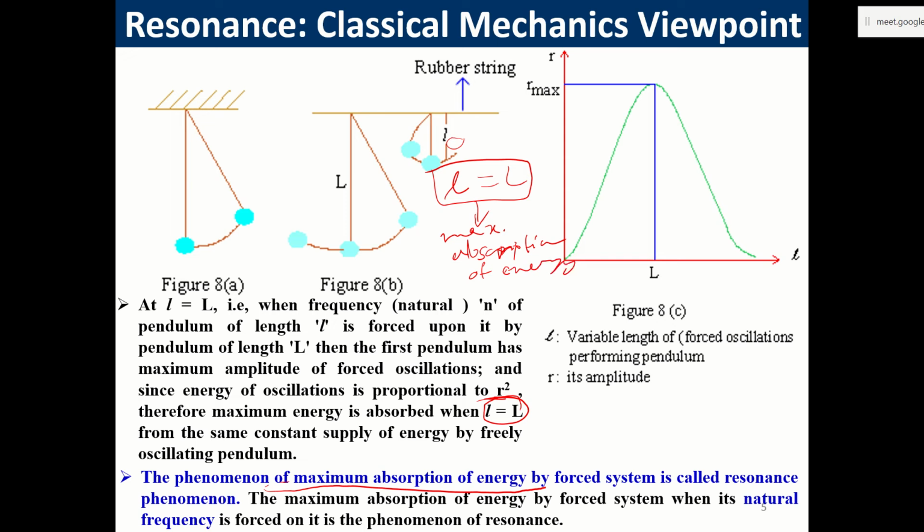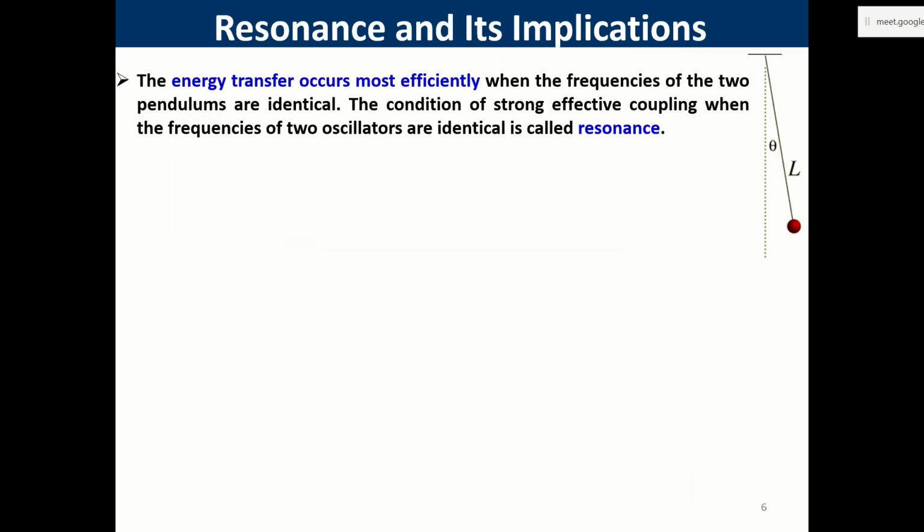This is called resonance. This is the resonance phenomenon: the maximum absorption of energy by a forced system when its natural frequency is forced on it. The two natural frequencies of oscillation are matched, and you have maximum transfer of energy happening. So this is resonance.